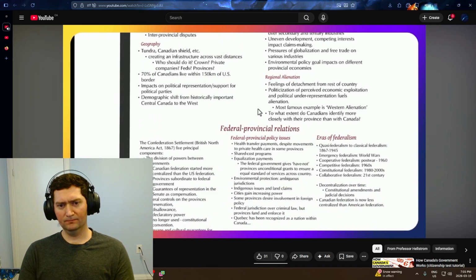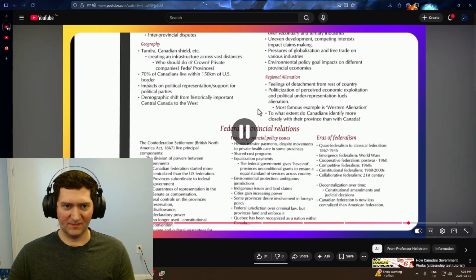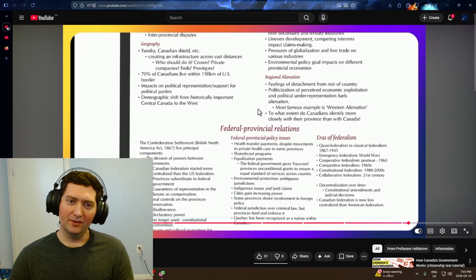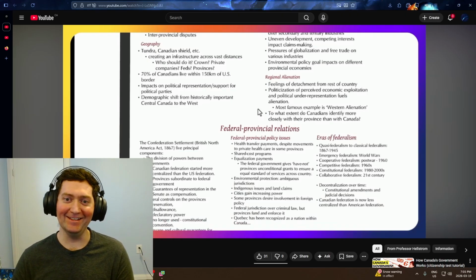Also, when we talk about this whole configuration of government, 70% of Canadians live within 150 kilometers of the US border. I mean, that's where it's warm for Canadians.